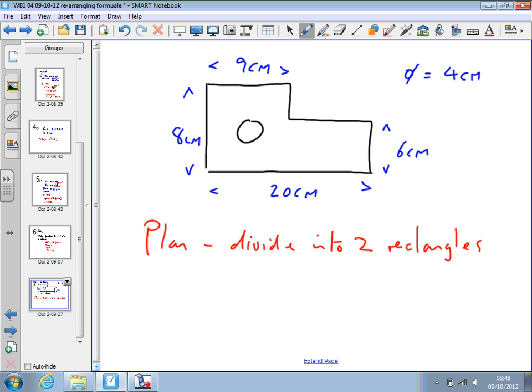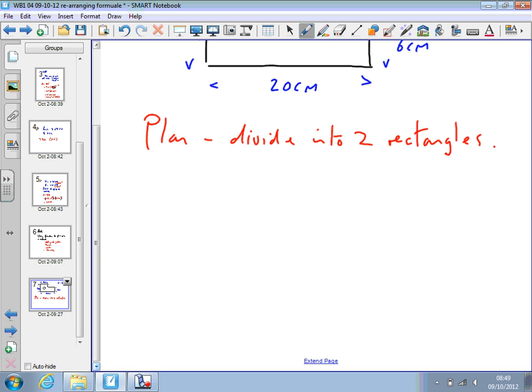I think that's what you mean. Next, what are we going to do? Carry on with this plan? Right. That's sort of part of dividing into two rectangles. Yeah, okay, then determine missing sides.